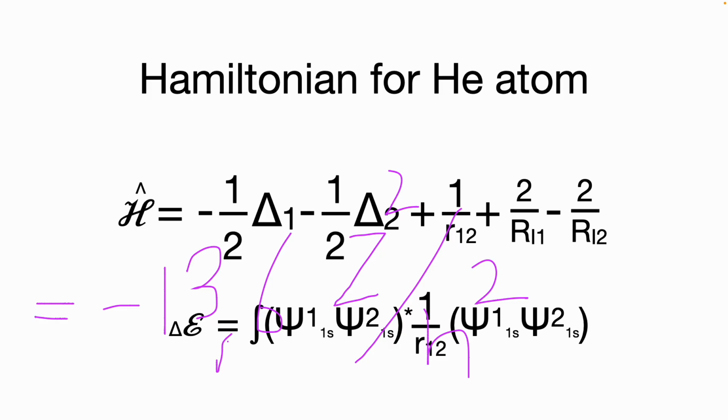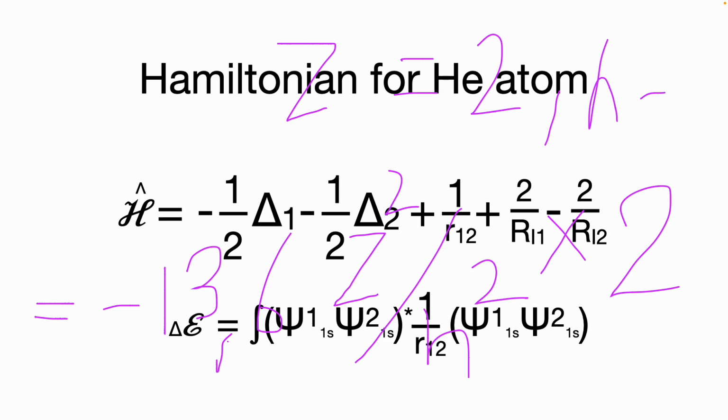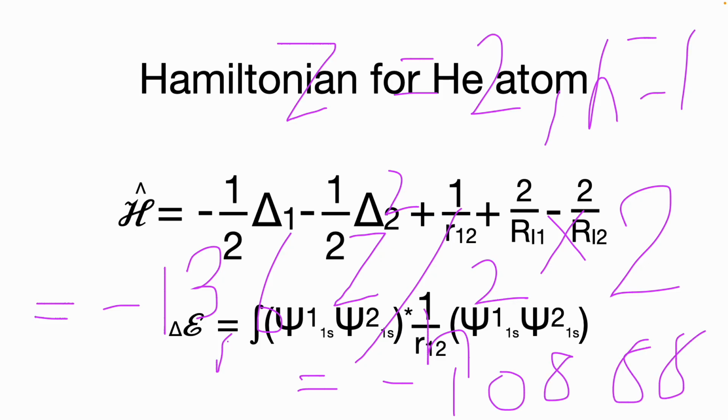And since we have 2 electrons in our system, we are going to multiply it by 2. And hence, the eigenvalue of the exactly soluble Hamiltonian, if we put in the values of Z equal to 2, n equal to 1, comes out to be minus 108.88 electron volts.